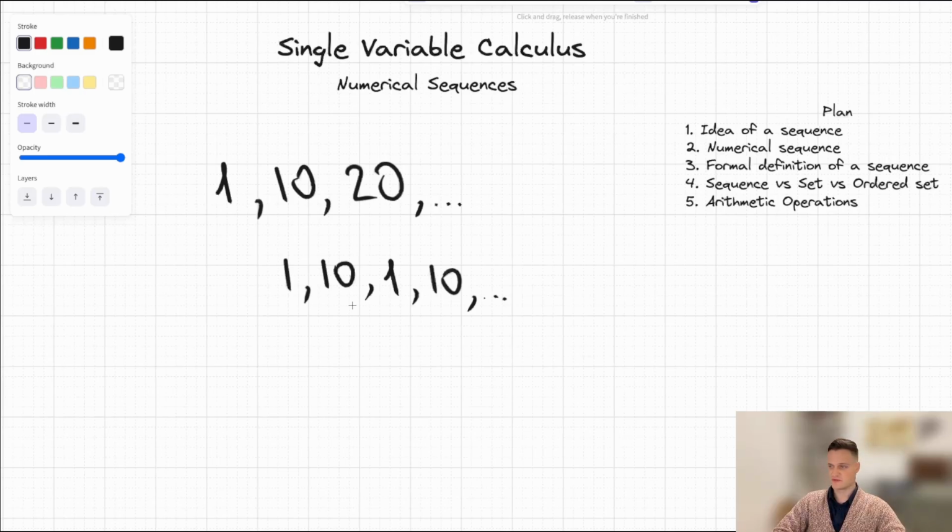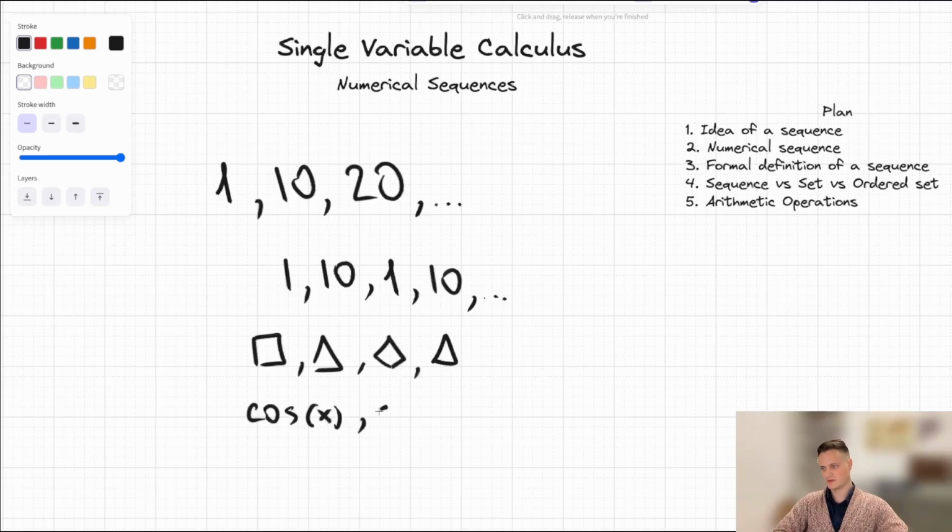There may be various different sequences, for example, a sequence of shapes like square, triangle, another one, again triangle. Still a valid sequence, why not? This may be a sequence of functions, for example, the cosine function of some number, a sine function of some number, some other functions.